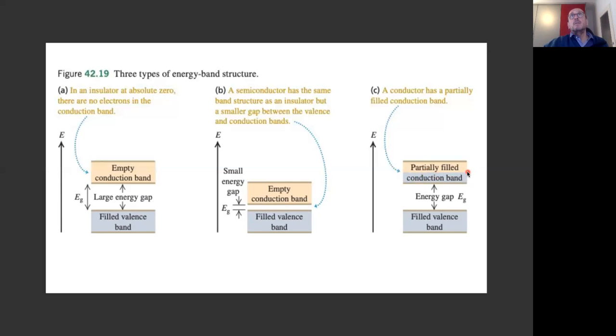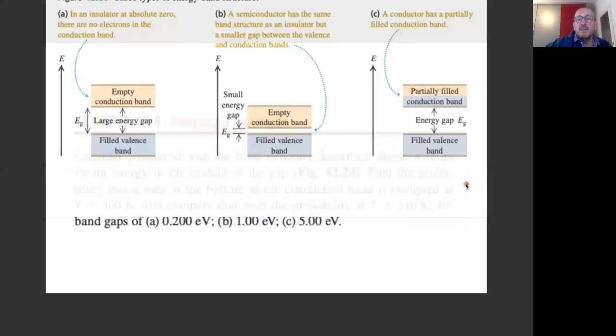This level is the Fermi level, and the states are unoccupied up here. You can apply a field, and this is going to move. The height of this energy level with respect to the bottom of the band has to do with the density of electrons in the system. Okay, that's the key part.